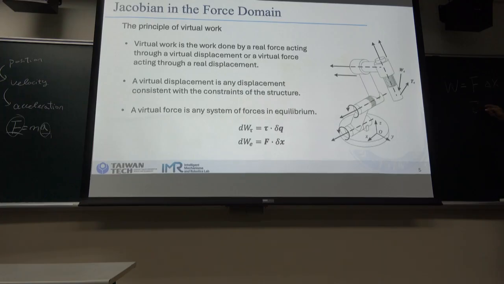We apply a torque and the displacement of the joint rotates theta. So this is the displacement of the joint, and this will be equal to the work done. So if we see one joint, it will be like this.